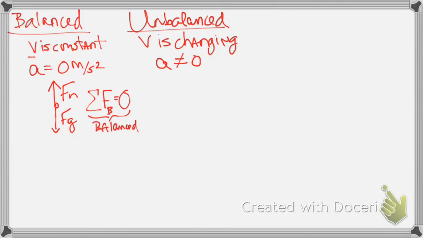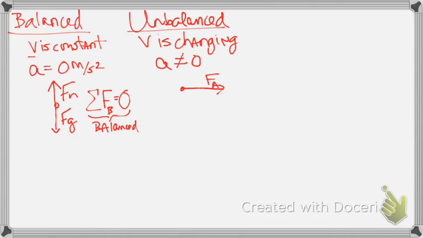Okay. Now, on the other hand, if you've got unbalanced forces, if you add up all of your forces and you look at it, they're not going to equal 0. If the forces are unbalanced, that means some force is bigger than another. So let's say you're sliding down the surface, you've got some sort of force that's pushing you to the right.